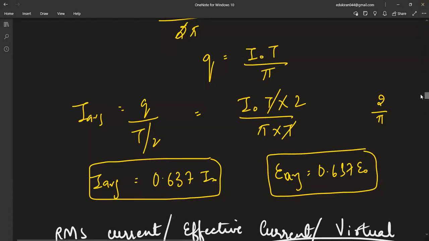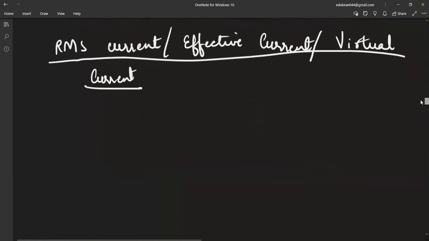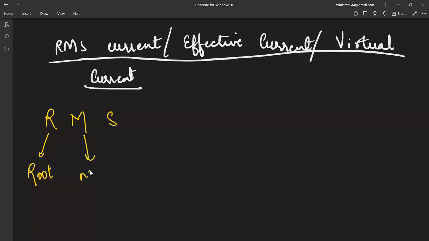Now, one thing that was left, which I wanted to discuss, was the RMS value of current or EMF. See, RMS value means what? R means root, M means mean, and S stands for square.